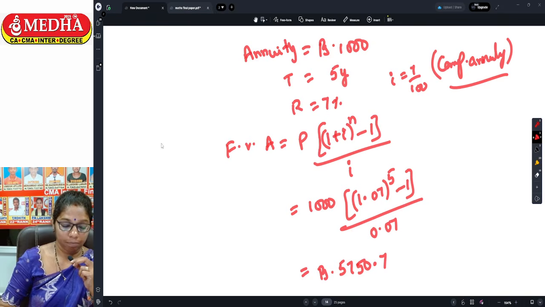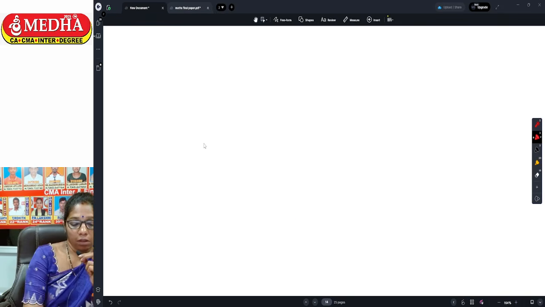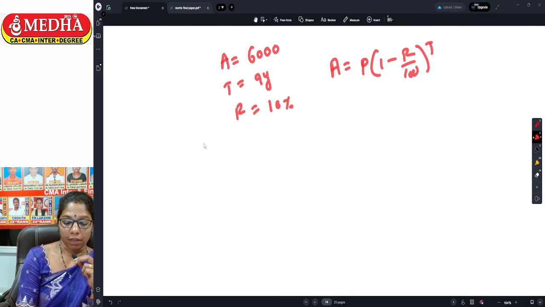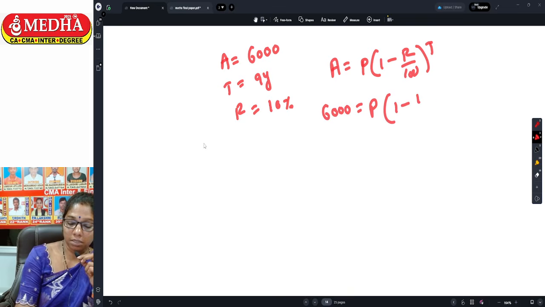For that, A is equal to 6000 rupees, time period is equal to 9 years, rate percent is equal to 10%. Since they said depreciation, the formula is P of (1 minus R by 100) whole power T. So finally this is 6000 is equal to P of (1 minus 10 by 100) whole power 9.